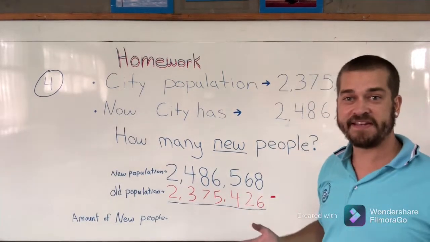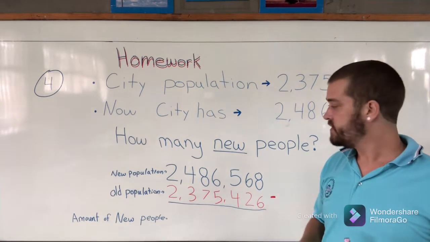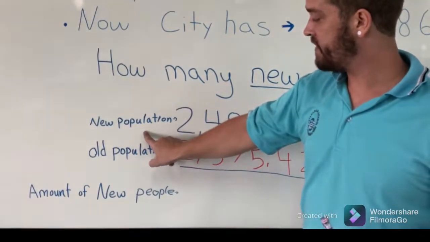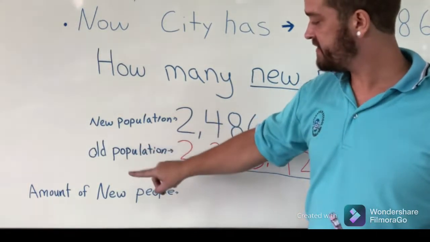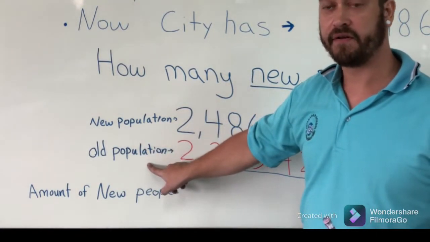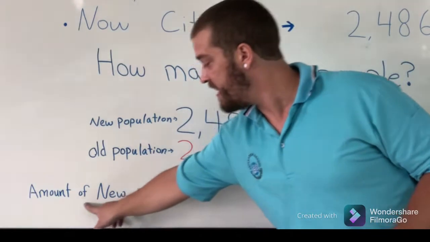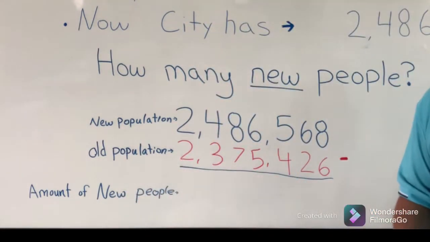Okay, so here I've written down our new equation. So we have our new population minus our old population will give us the amount of new people in Khon Kaen.